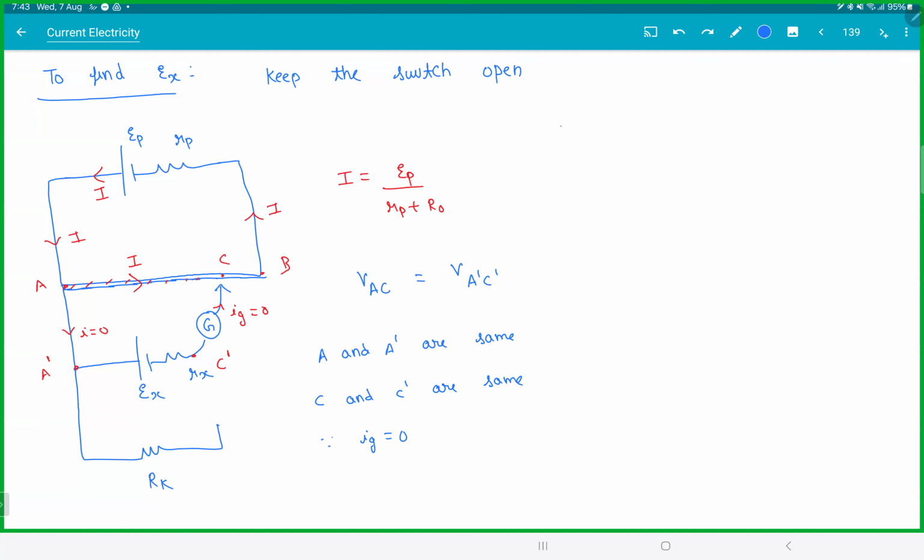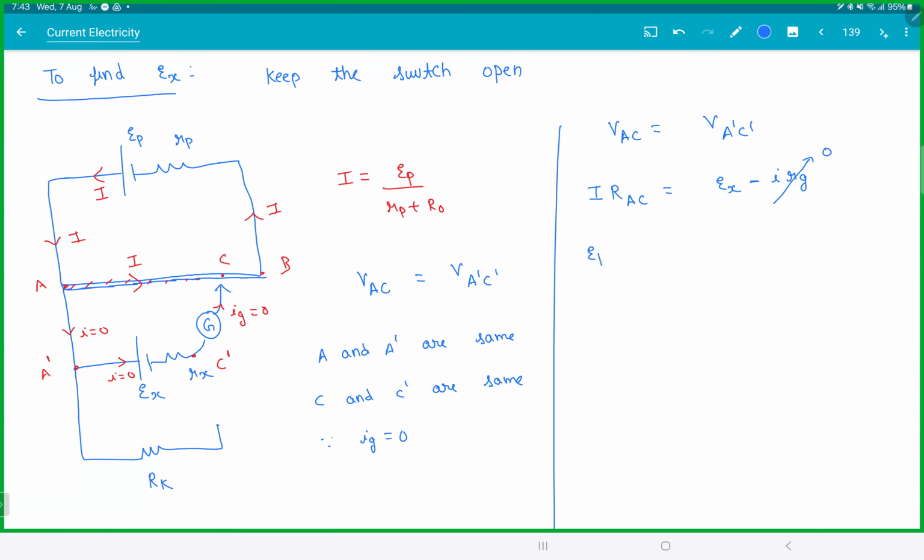Then, in this branch, the current is 0. Perfect. So what is VAC? VAC is VA dash C dash. VAC will be current I into the resistance across AC. VA dash C dash is nothing but EX minus I into RG. But this term is anyway 0, there is no current in that.